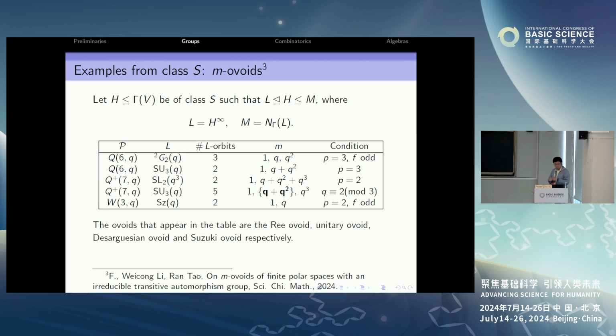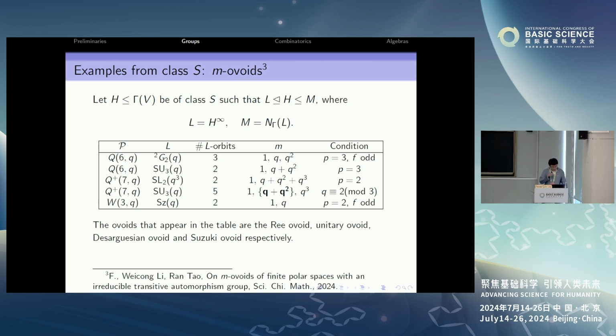So here's a brief overview of our results. We will focus on the class S. In such a case, the subgroup is written as H. There's a simple group L such that H is between L and M, where L is the circle and M is the normalizer of L in the full similarity group.